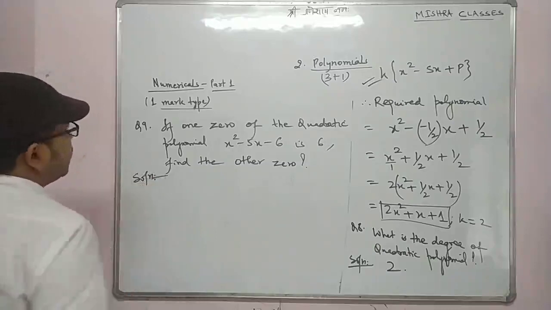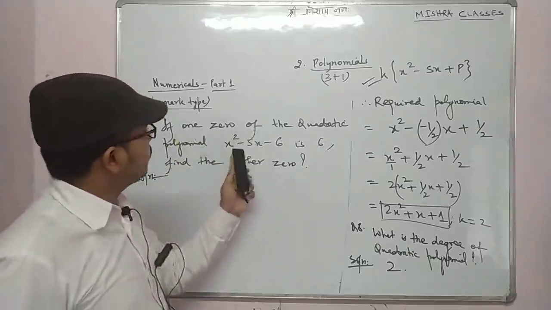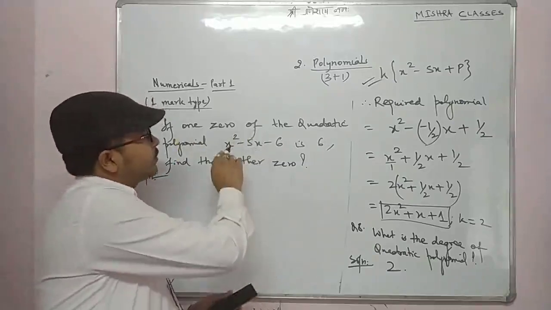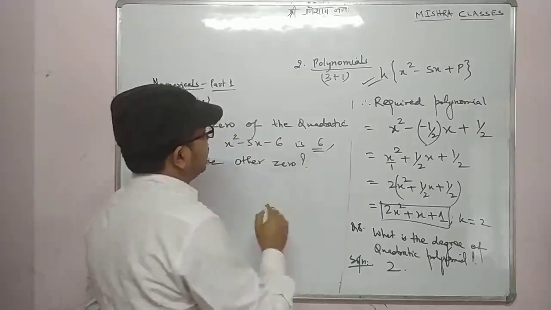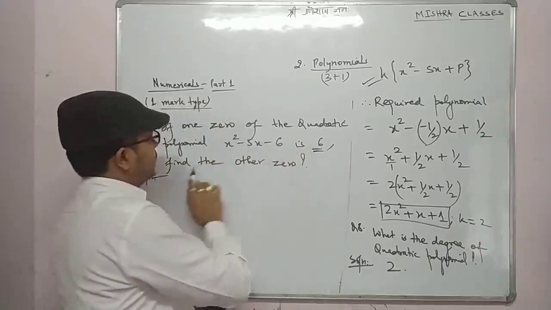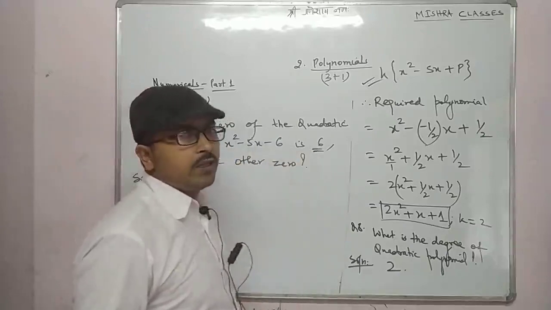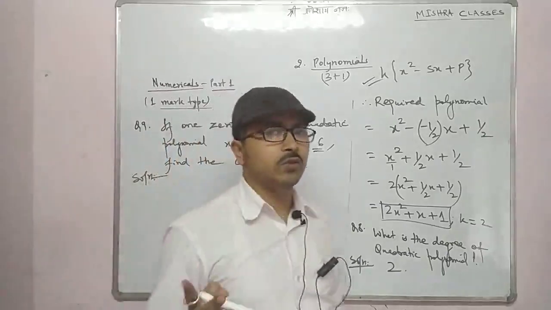Is it clear? Now the question is: if 1 zero of the quadratic polynomial x square minus 5x minus 6 is 6, that means 1 zero is already given, 6, find the other zero. This quadratic polynomial will have 2 zeros.